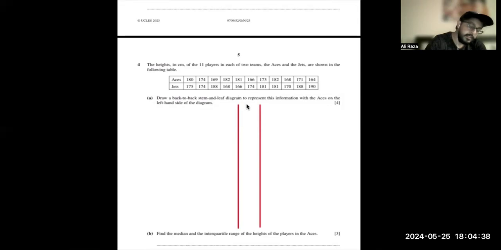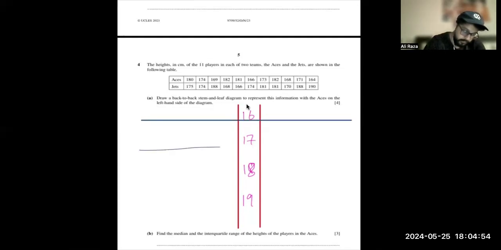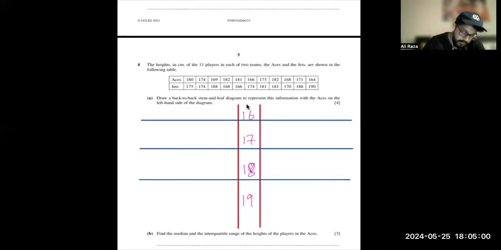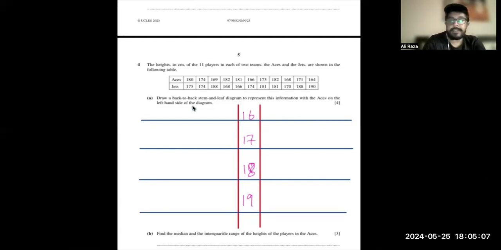So I'll take 16, 17, 18, and 19 over here. I'll take aces on the left-hand side and jets on the right-hand side.